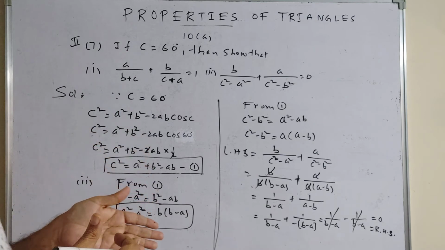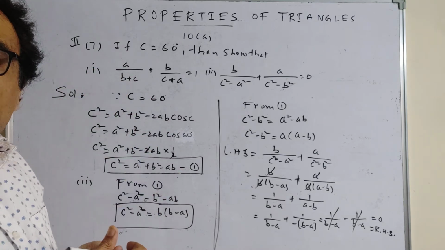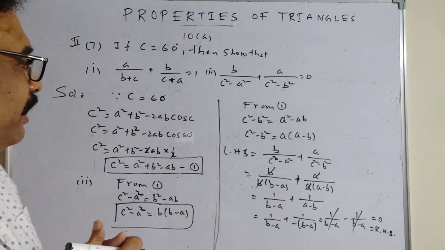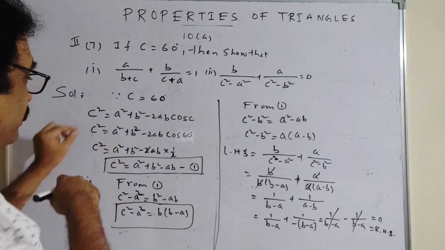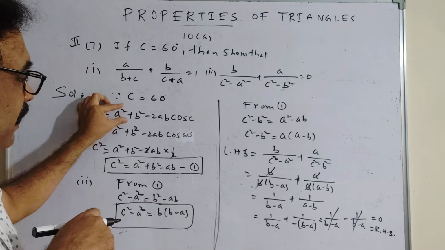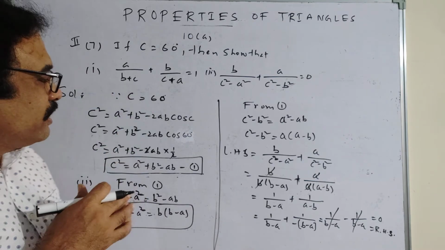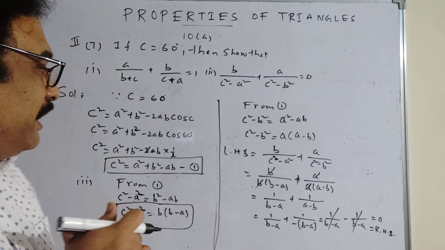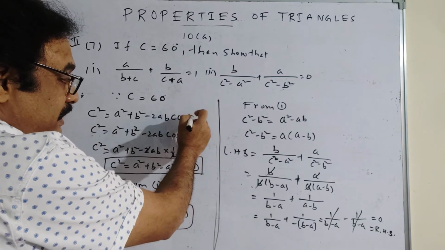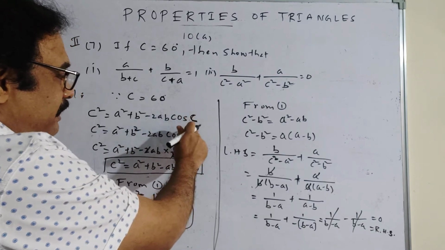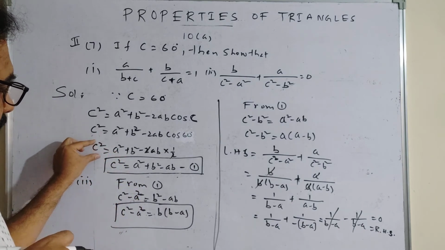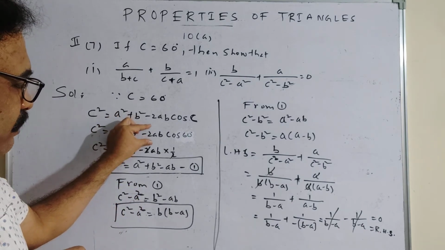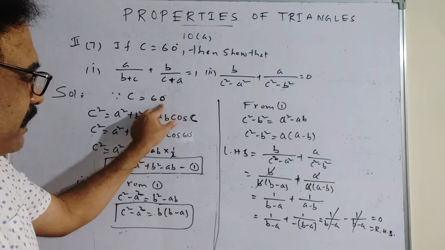Have a glance through the entire problem so that you can understand it in a neat way. Now C is equal to 60 degrees. You have to start with small c square is equal to, apply the formula, a square plus b square minus 2ab cos C. That is capital C, and C is equal to 60 degrees, so c square is equal to a square plus b square minus 2ab into cos of 60 degrees.